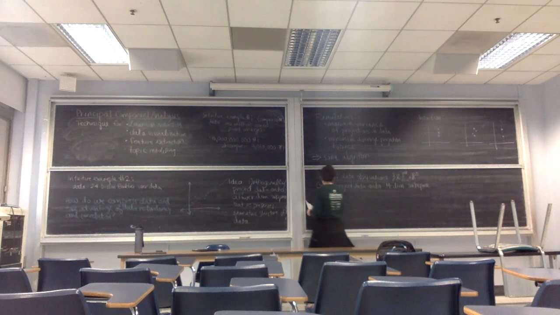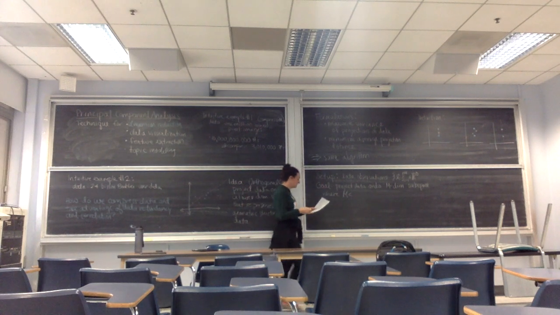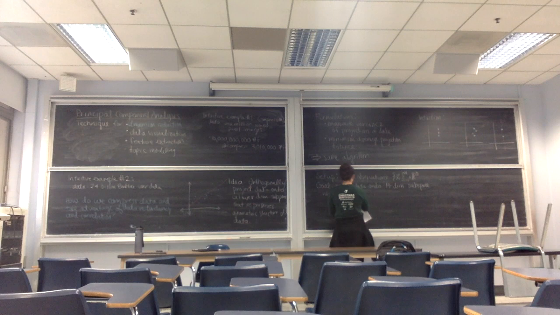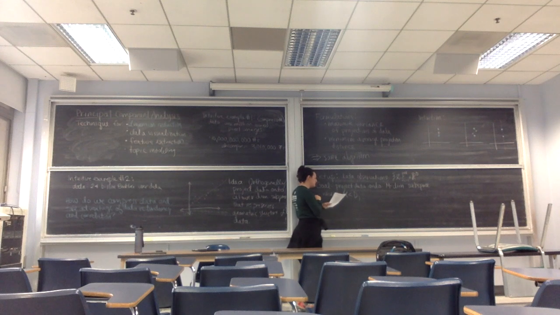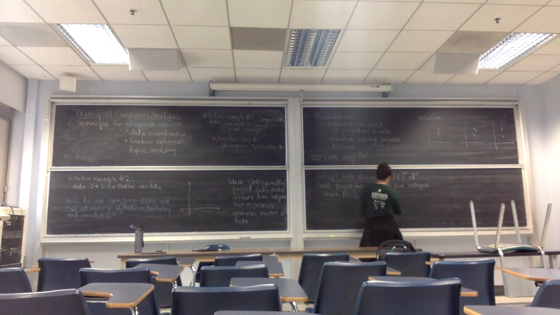Okay, and like I said, lower, right? So I want m to be smaller than the ambient dimension of the space, which is D. Okay, m should be less than D. Okay, and this subspace, once we produce it, is going to be called the principal subspace.